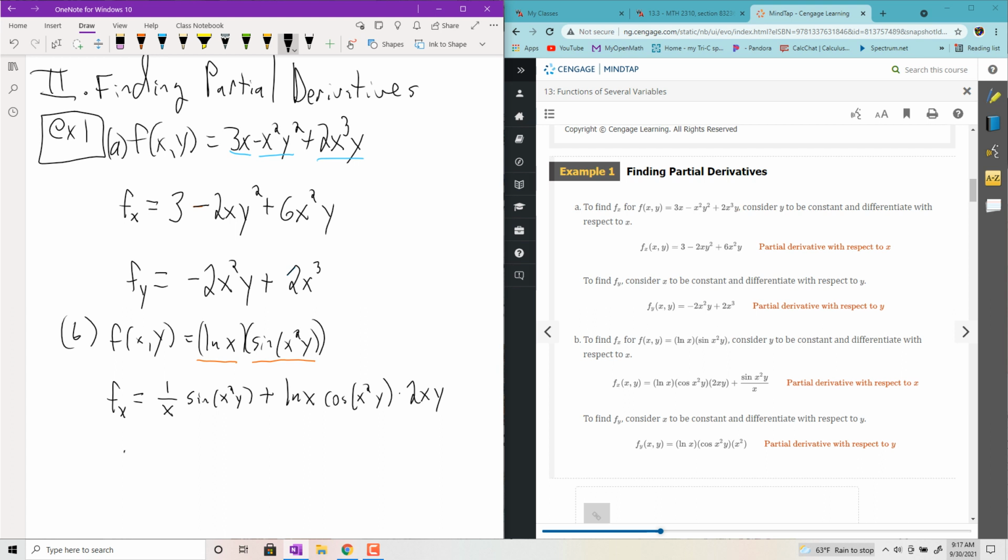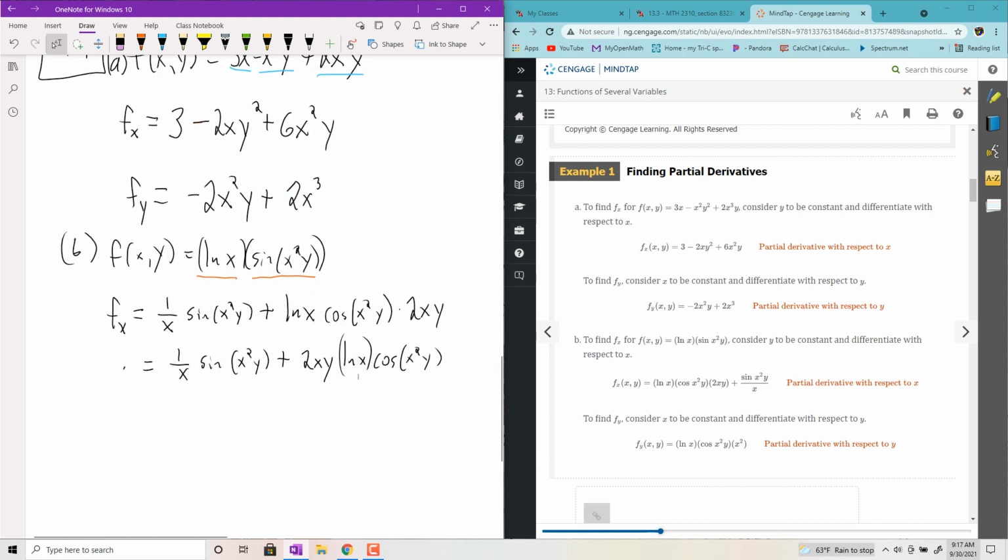Let's clean it up first. So I get 1 over x sine of x squared y plus, I'm going to put the constants and stuff up front, 2xy ln x times the cosine of x squared y. You may want to use some parentheses to indicate that the cosine is not inside the natural log.